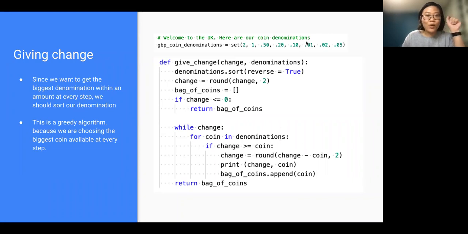If we didn't have a 1p denomination, which is the smallest unit you can use, that means you will have some change that you want to give, but it's not possible to give that exact amount of change.